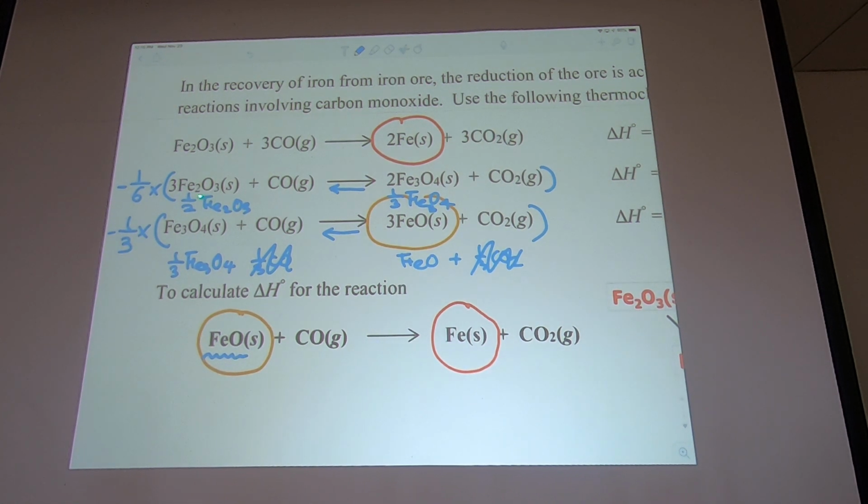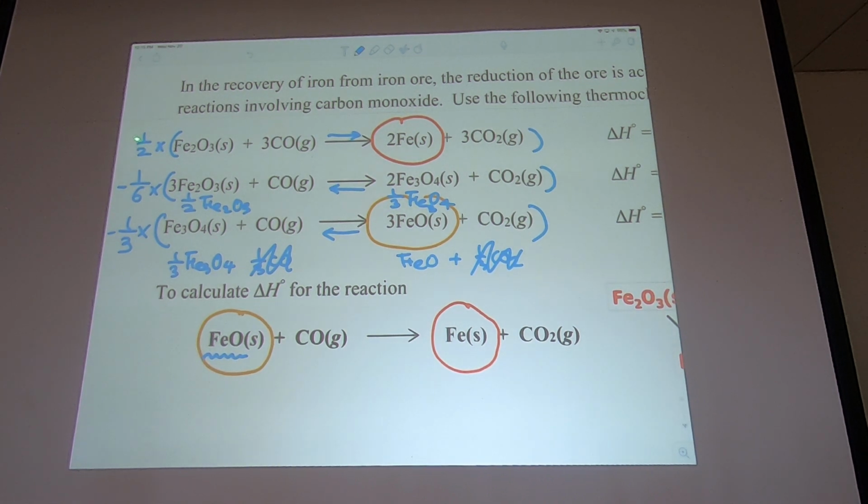Right there, but I need a multiplication again, which is this one has to be multiplied by 1/2. This time I'm going in the same direction as the delta H value shown in the corner, so I don't need a reverse sign.